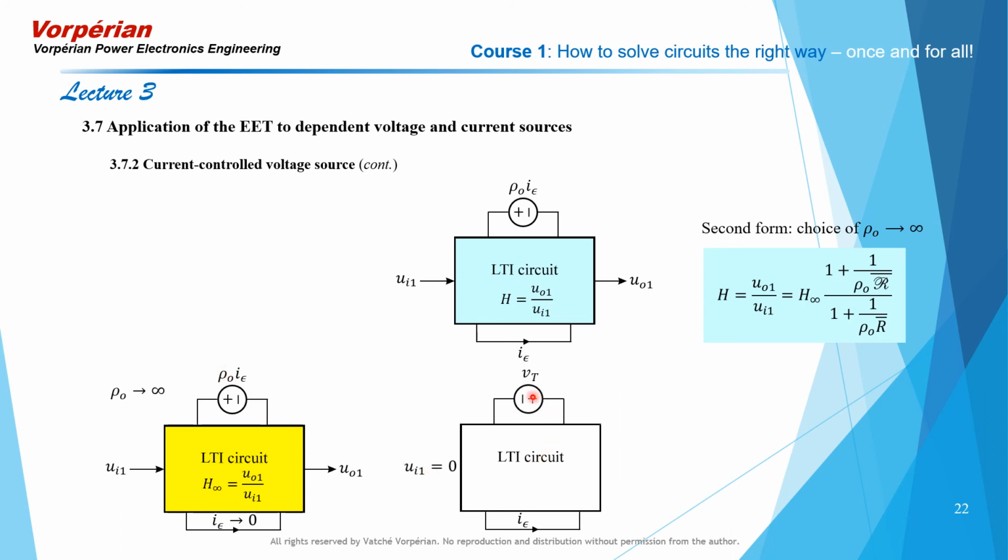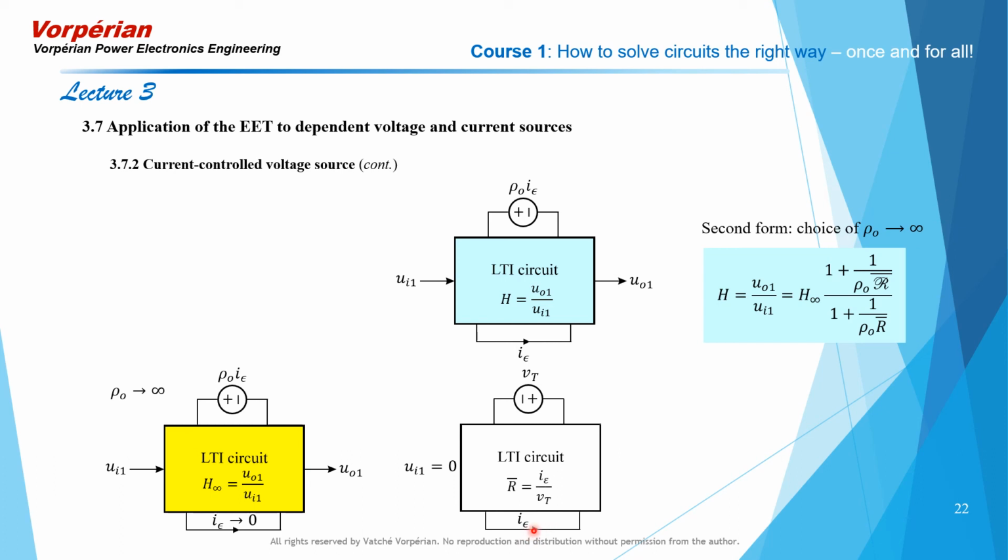To do this computation, again, you replace the dependent source with an independent version of it, pointing in the opposite direction. The dependent source here is a voltage source, so you replace it with an independent voltage source pointing in the opposite direction. And with the excitation set equal to 0, you determine the inverse gain, I epsilon over Vt.